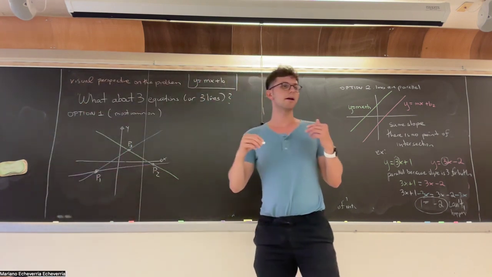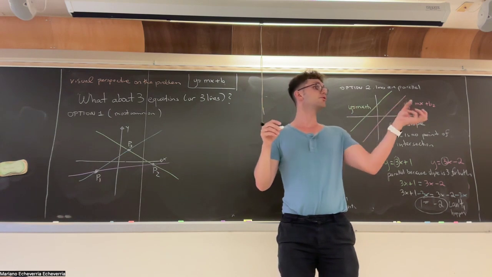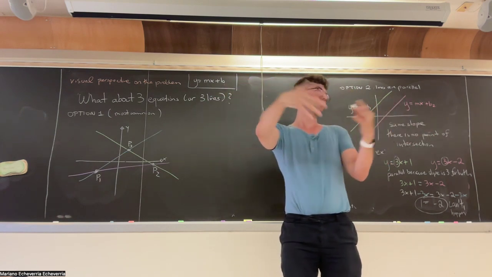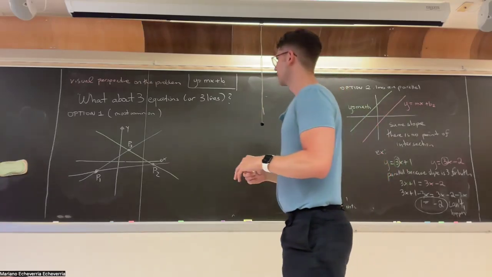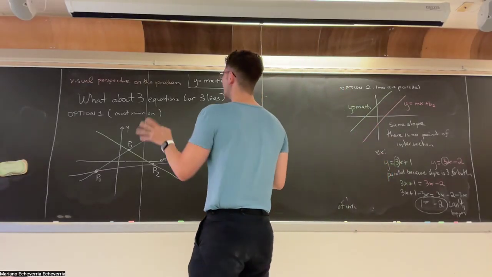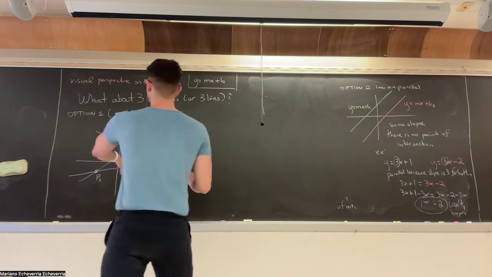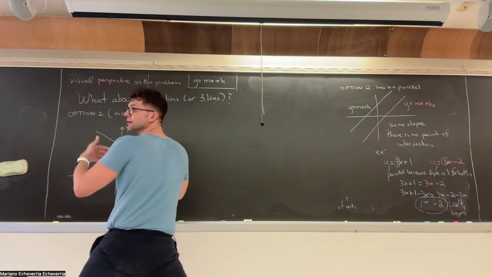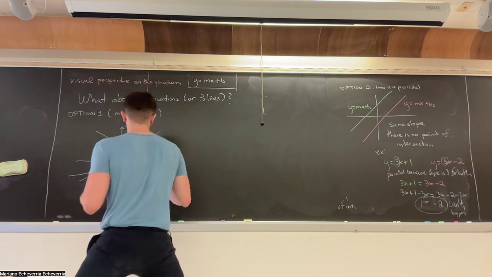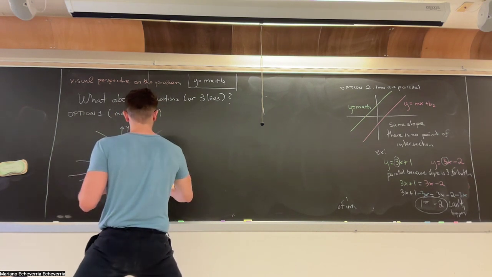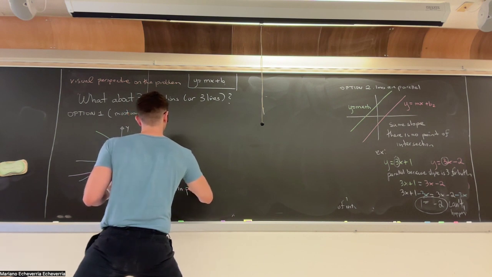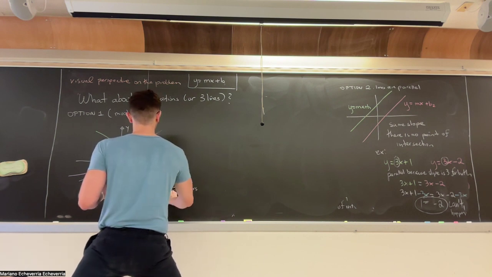As pairs, if you take two of these lines, there is an intersection, but there's no common intersection between the three of them. Let me put it in words here. They do intersect in pairs, but not the three together at the same time, if that makes sense. Intersect in pairs, but not the three of them together.